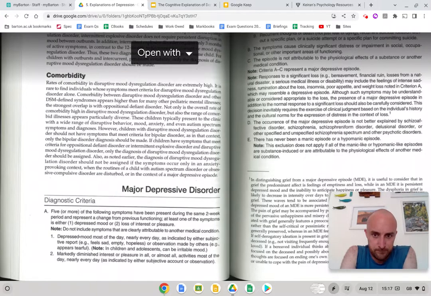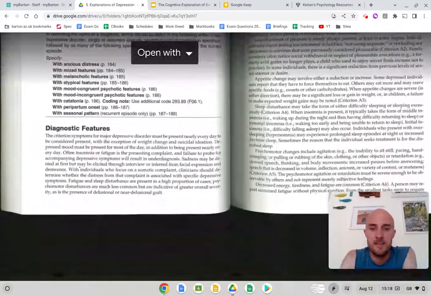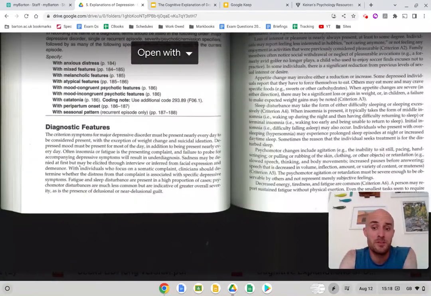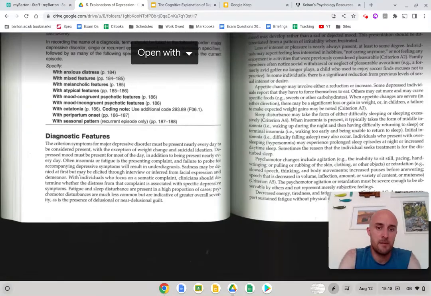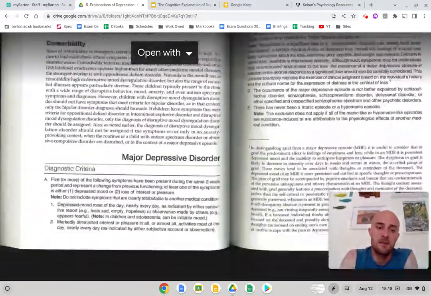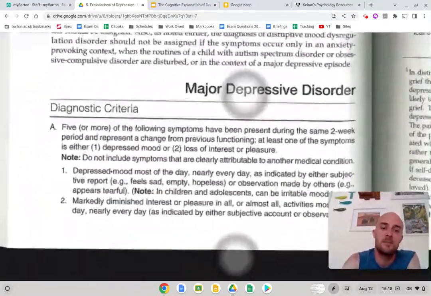Now, I think the DSM's supremely interesting. I could read honestly all of this. It's got everything you need to know about depression from a medical point of view. But let's have a look at some of the key aspects. I'm going to start looking at what these symptoms are.